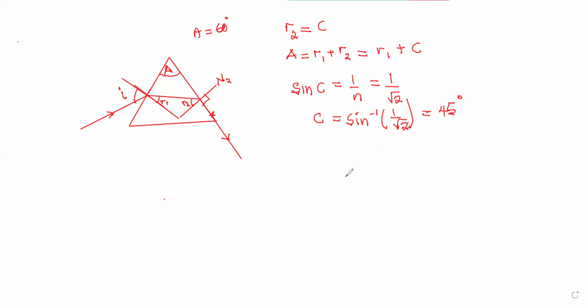So we found the critical angle, and it means that for total internal reflection to occur, R2 must be greater than 45.